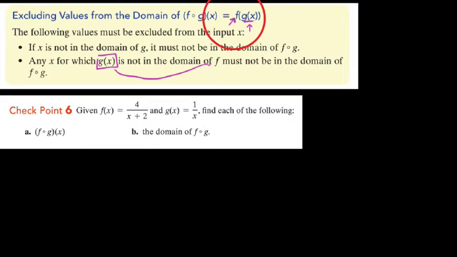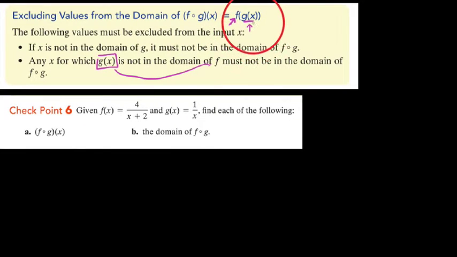The weird thing is that g of x are the domain values for f, but g of x are also the range values for g, the outputs for g.